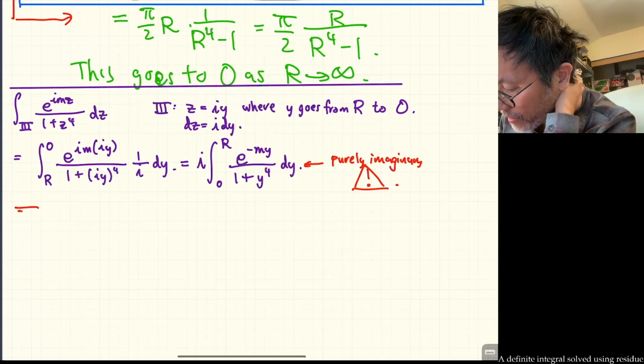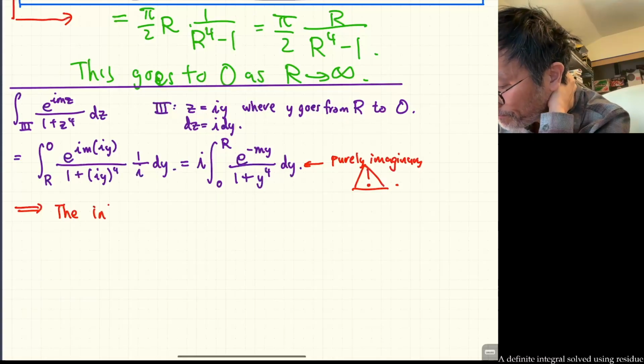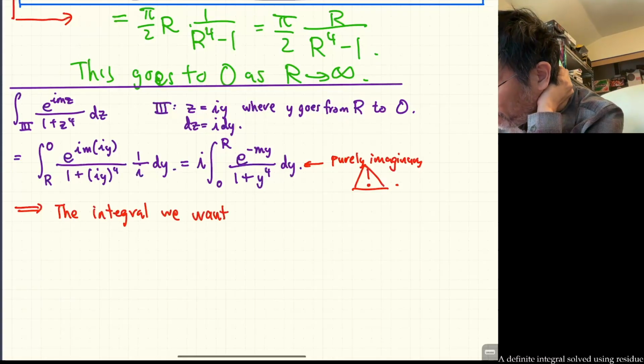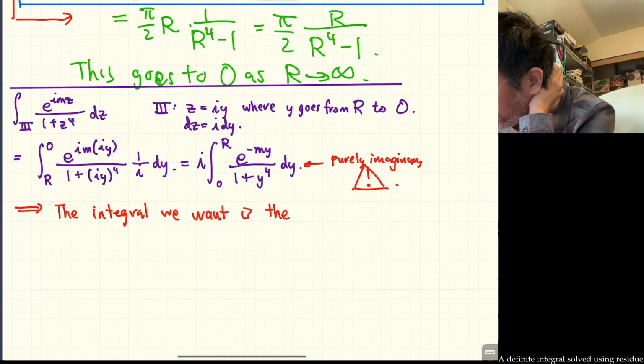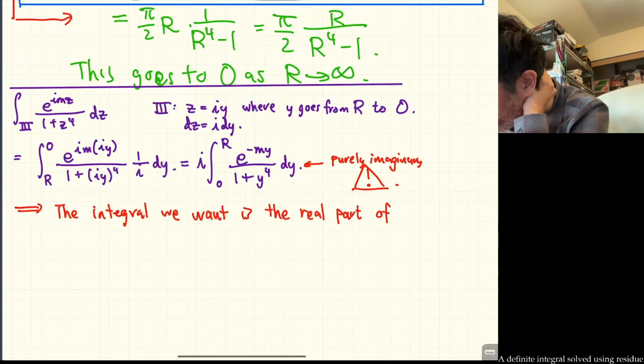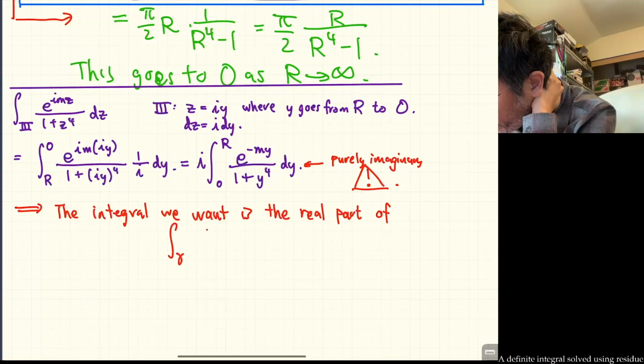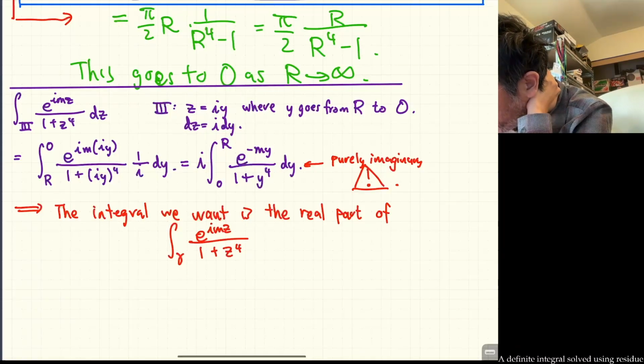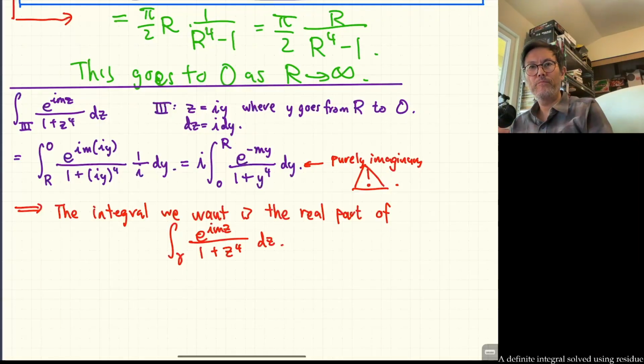This implies that the integral we want is the real part of the integral over gamma of e to the imz divided by 1 plus z to the fourth dz.